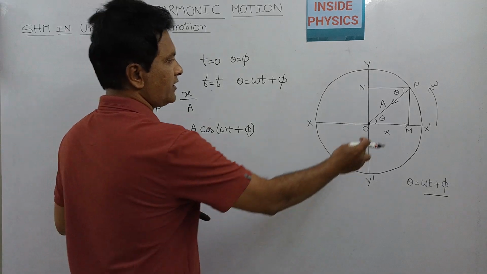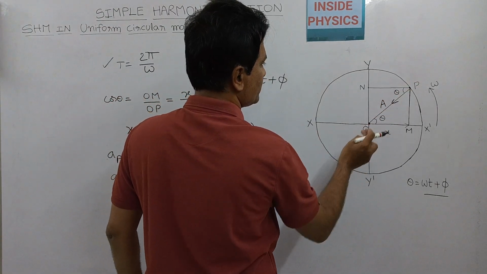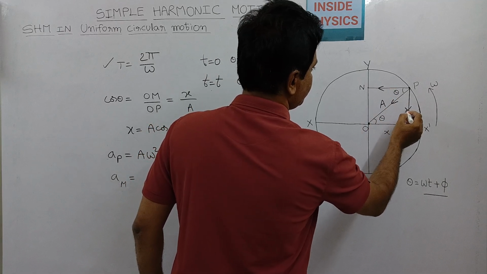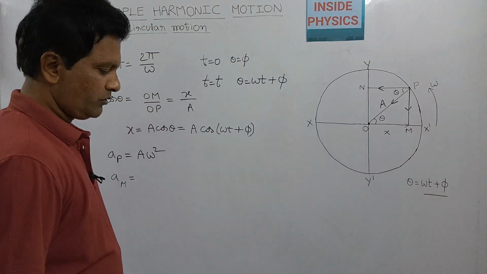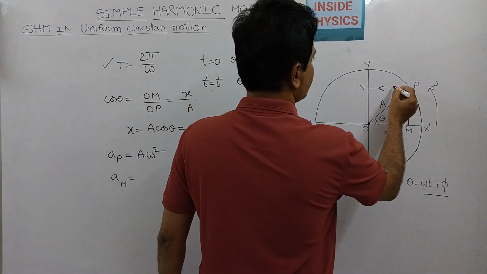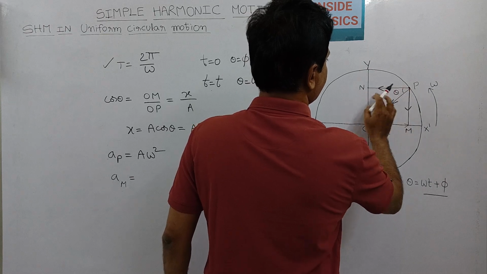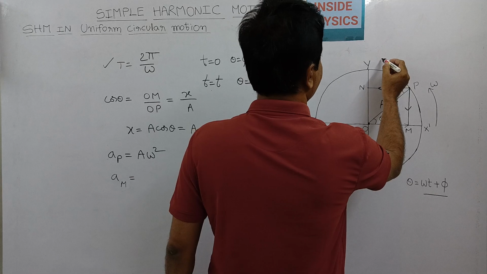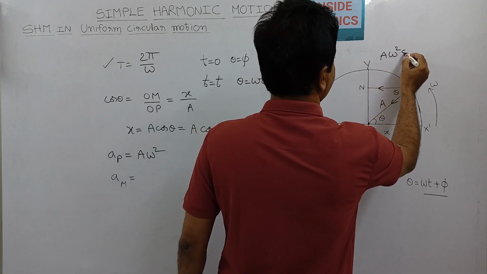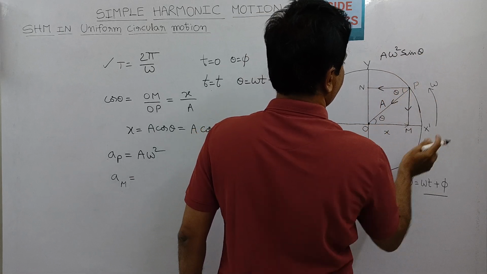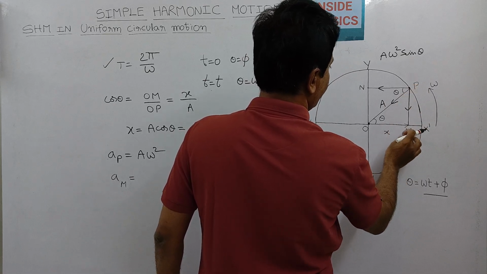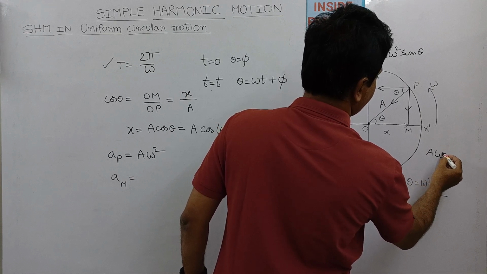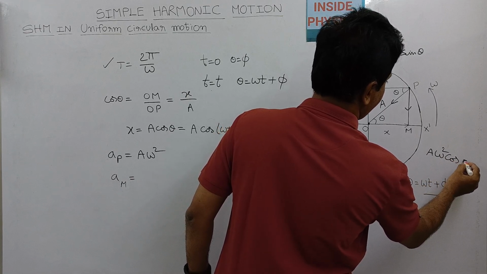If this is the centripetal acceleration directed towards the center, we can resolve it into two components. This component is the projection Pn. The acceleration of Pn can be written as A omega square sine theta, and the acceleration of projection Pm can be written as A omega square cos theta.